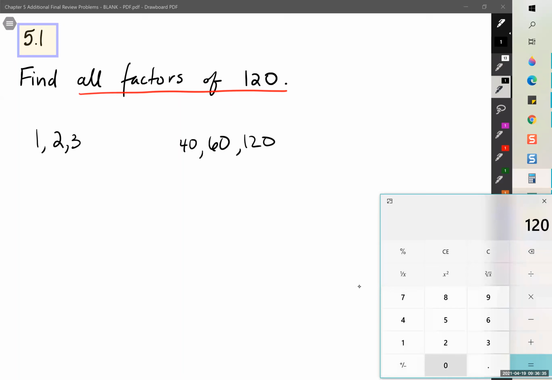See if 4 divides it, 4 and 30. Let's see if 5 divides it, 5 and 24.